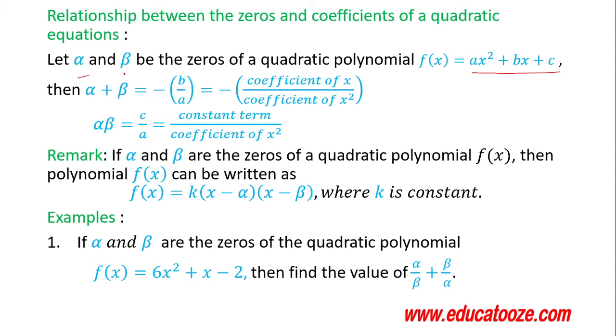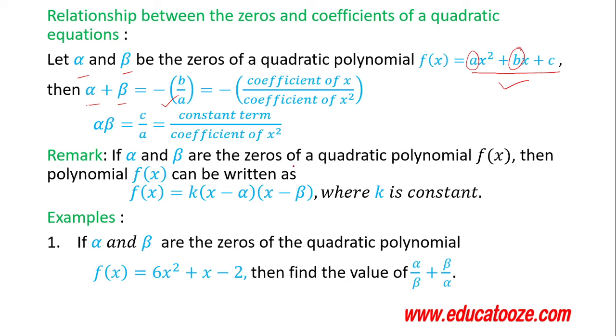That means if alpha and beta are zeros of this polynomial, then what do we get? What is the relation between the roots and coefficients? The sum of roots, that is alpha plus beta equal to minus b by a, that is nothing but minus coefficient of x by coefficient of x square. Coefficient of x is b, coefficient of x square is a. That is why it is minus b by a. What is alpha beta?